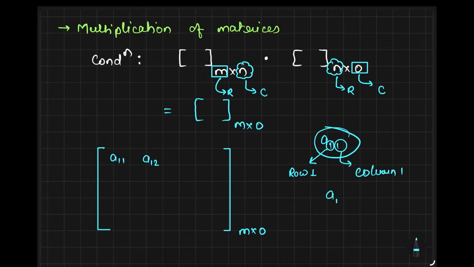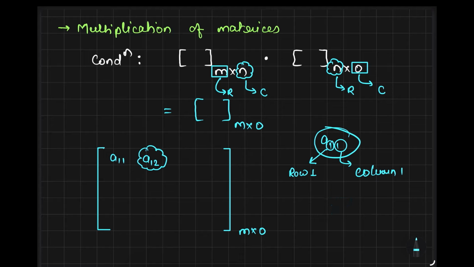This means that to get this element, we have to multiply row 1 with column 2. This is first, this is second. So row 1 of the first matrix with column 2 of the second matrix.